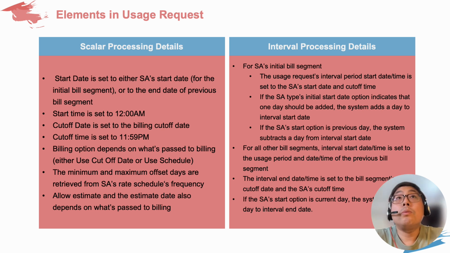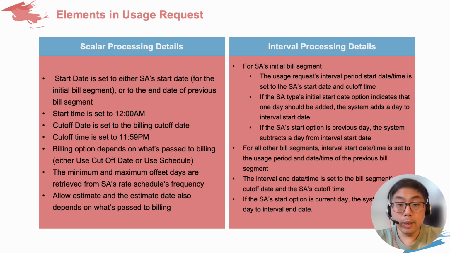Over here, we look at a bit more detail into the usage request element. We talk about the scalar and interval processing details. On the scalar, let's say the start date is either the service agreement start date if it's the initial bill, or it is the end date of the previous bill segment.